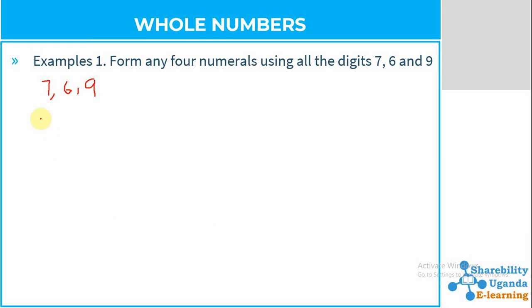First of all, we have our 7, our 6, our 9. Those are the digits, so we can combine them. If we combine these numbers, we shall have our 7, our 6, and our 9. So this qualifies to be our first numeral. Then we should also come up with our second numeral.